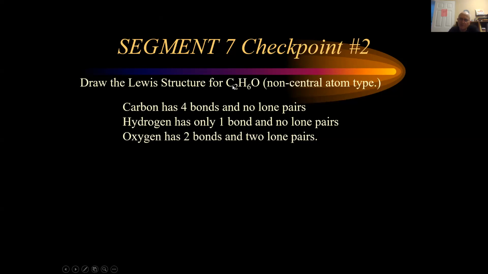There's 2 carbons. Carbon typically forms 4 equivalent bonds, 4 bonds to every carbon. Now, you can have 4 single bonds. You could have a double bond and 2 single bonds. You could have 2 double bonds. That would be 4 bonds. Or you could have a single bond and a triple bond.